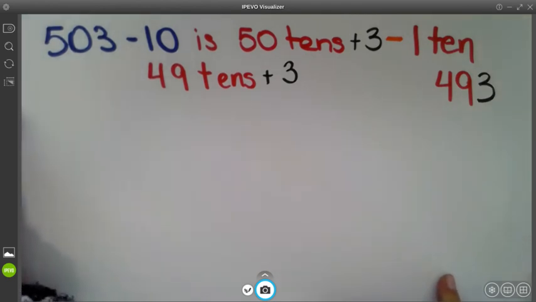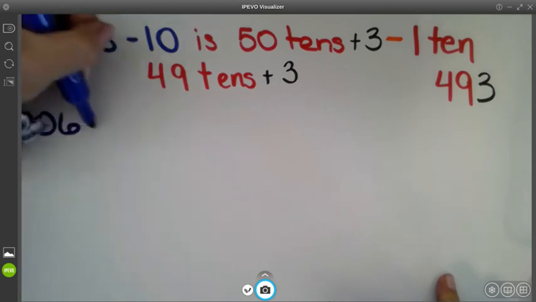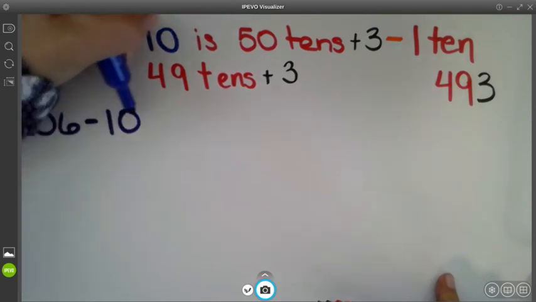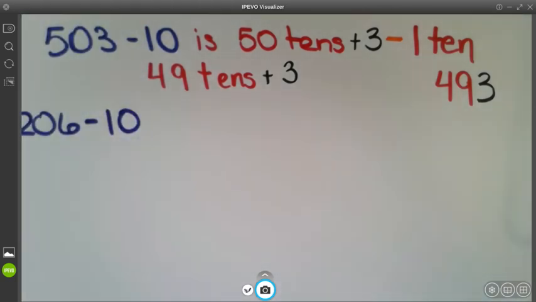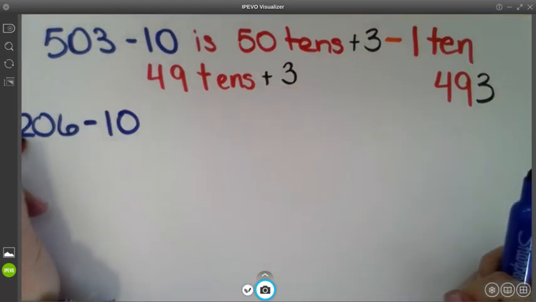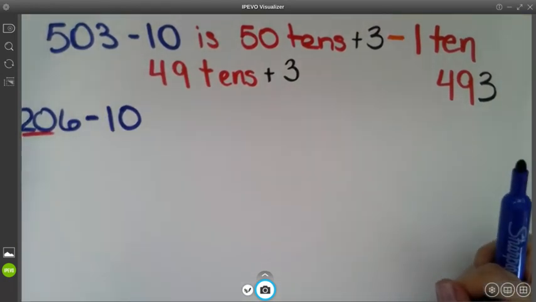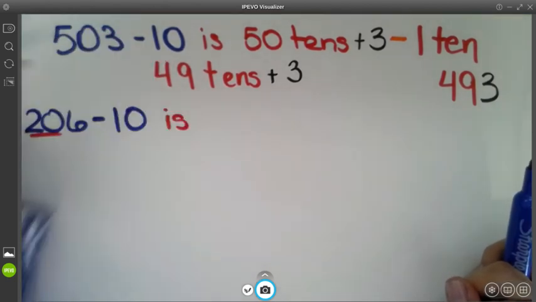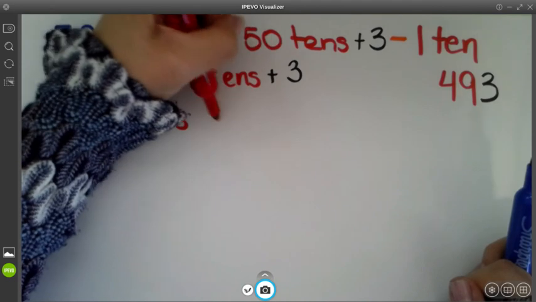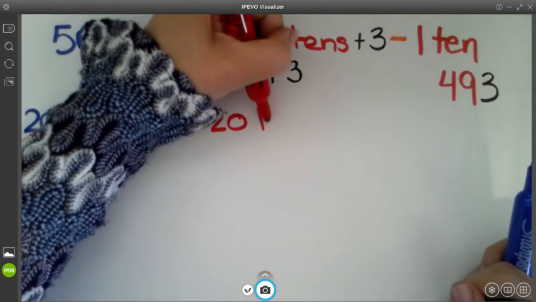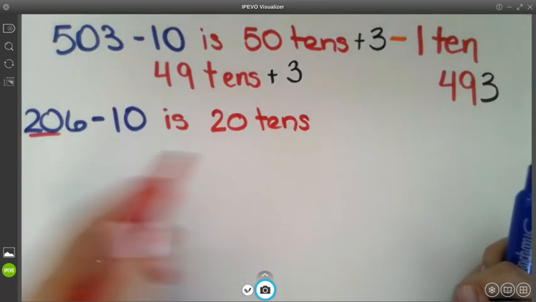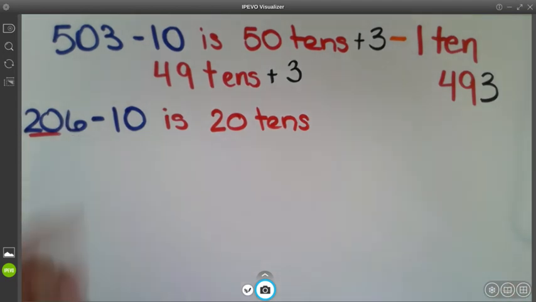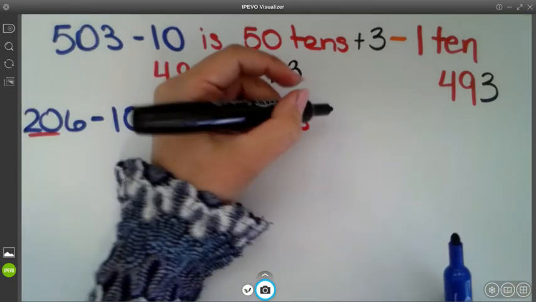Okay, so on this one we have 206. Same thing, we're going to take away 10. We know that 206 is really just 20 tens, plus 6.